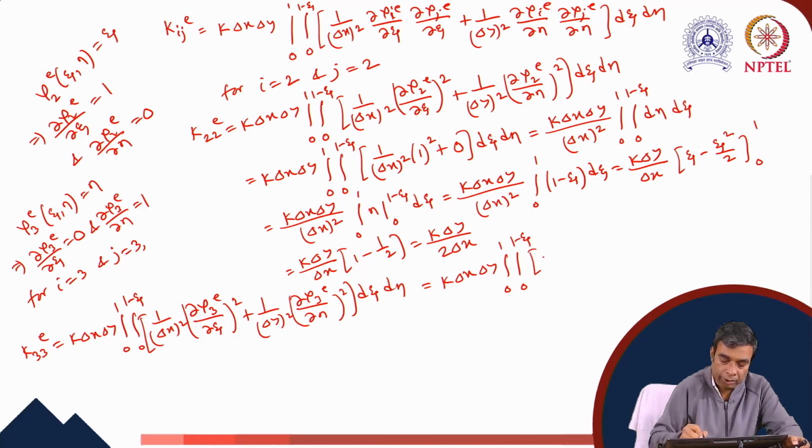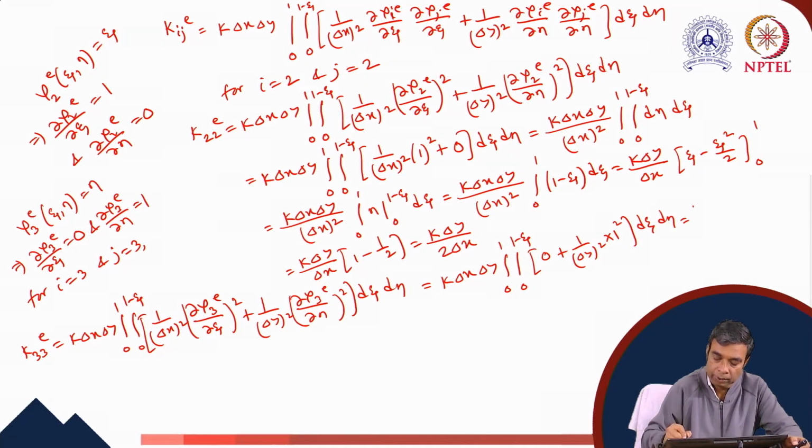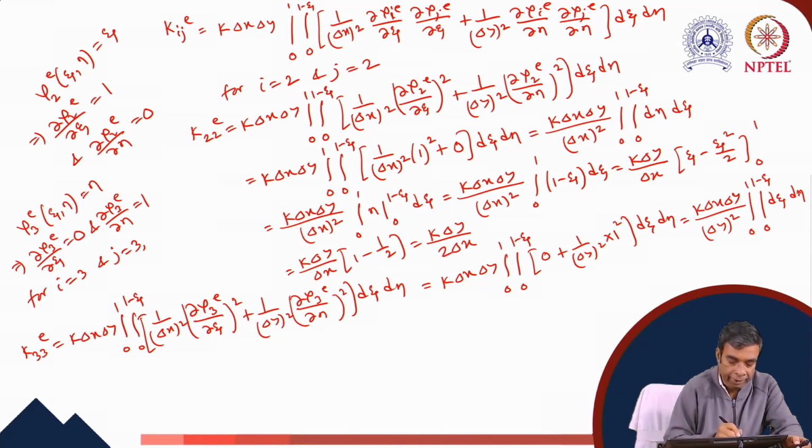So the first portion is 0 plus 1/(Δy)² into 1 squared, dξ dη, which equals k Δx Δy / (Δy)² integral 0 to 1−ξ dξ dη.